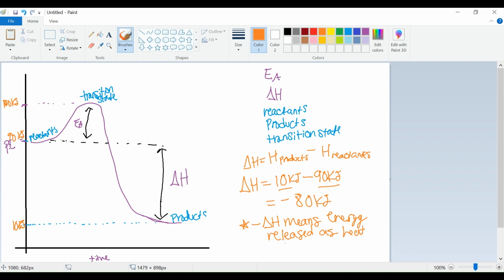And this happened because the amount of energy in my products was less than the amount of energy of my reactants. So when the energy that my products have is lower than the energy I started with in my reactants, that means that energy is being lost to the system. It's leaving as heat, just like in my fire whoosh bottle example. This is called an exothermic reaction.